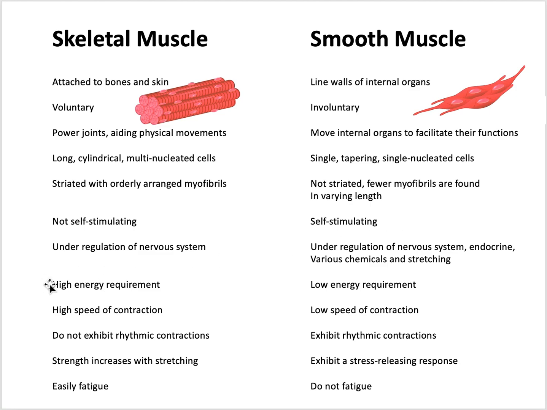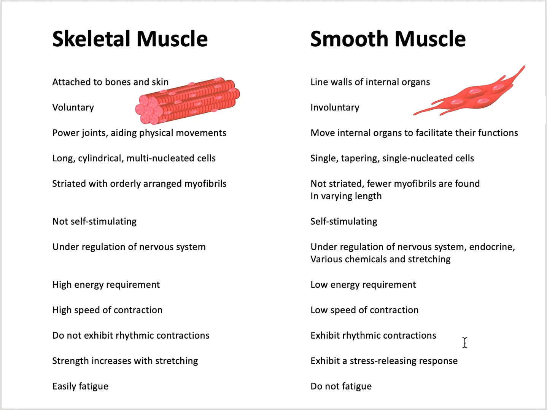In skeletal muscle, there's a high energy requirement, lots of ATP, and that's because of the high speed of contraction. Cross-bridge cycling happens more frequently in skeletal muscle, therefore we have a higher energy demand, whereas in smooth muscle, we have low-speed contraction, fewer cross-bridge cycles, and lower energy requirements, which makes sense if you think about it. In smooth muscle, we can also have rhythmic contractions.